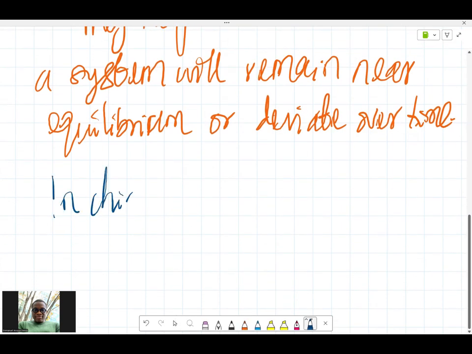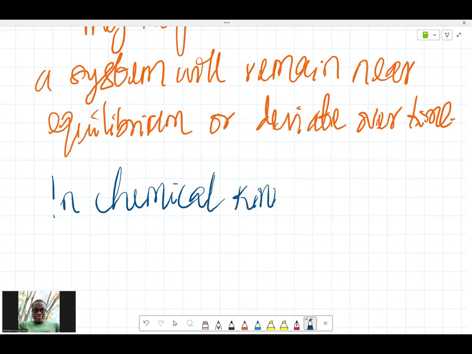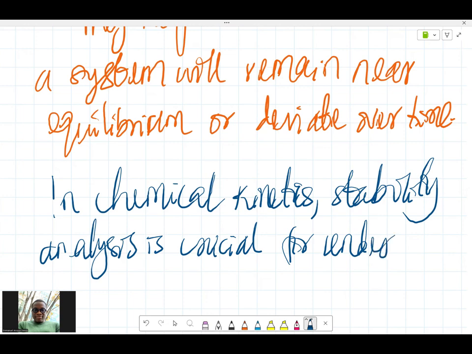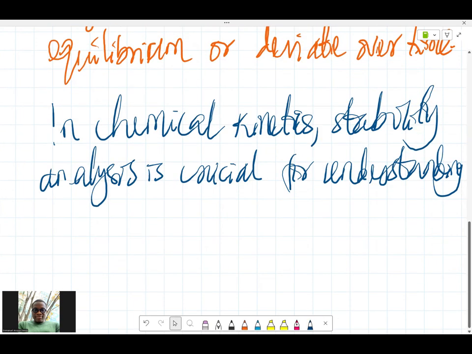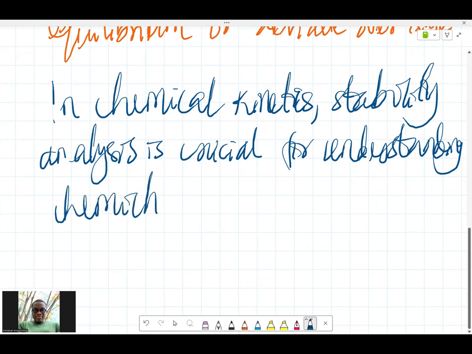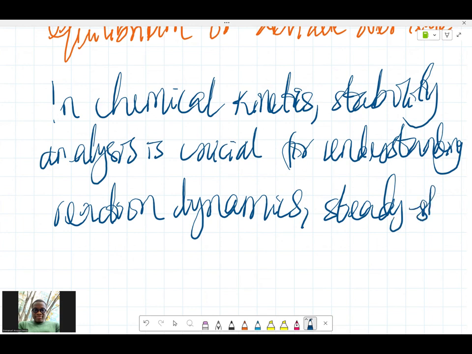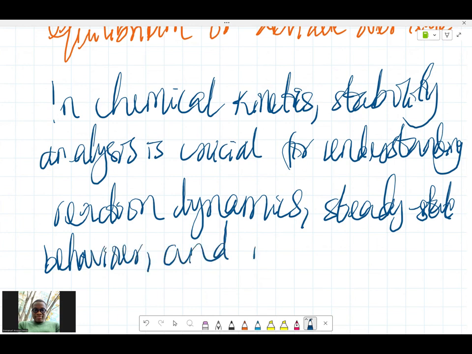In chemical kinetics, stability analysis is crucial for understanding chemical reactions, reaction dynamics, steady state behavior, and perturbation effects.